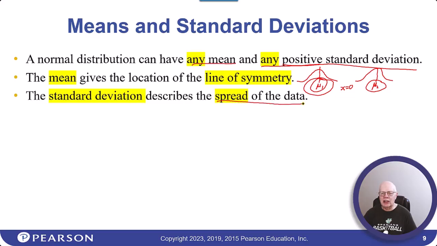If you look closely at these, you'll notice that even from my chicken scratching, you can tell that they're pretty much spread out the same. It almost might look as though I took this one and just moved it to the right to get the second normal distribution. So the mean tells you the location of the line of symmetry. That means left to right. And the standard deviation tells you how spread out it is. In other words, think of it this way. Here's your normal bell curve, perhaps.